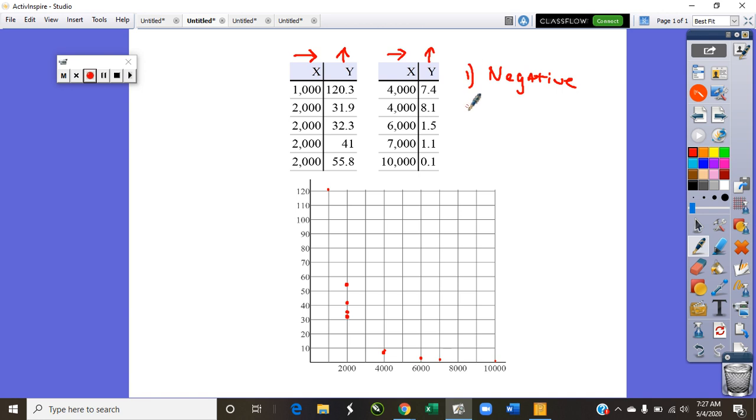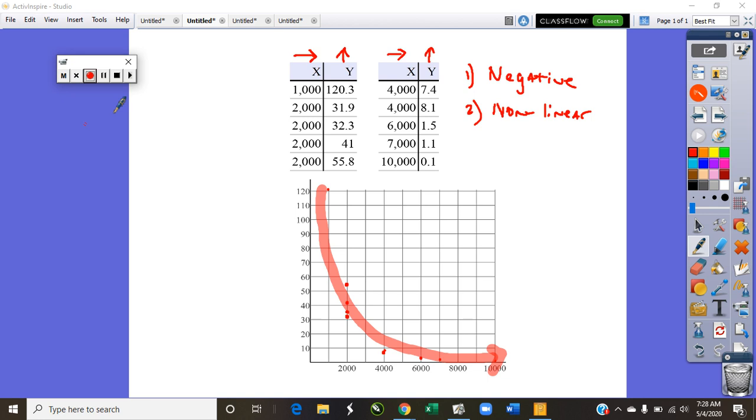So this is the first part, it's negative. And then the second part, we're going to determine whether it's linear or nonlinear. Well, if we kind of go through this, it swoops down and then it kind of curves, doesn't it? So this would be a negative non-linear correlation. Did everybody see how we were able to get that in?